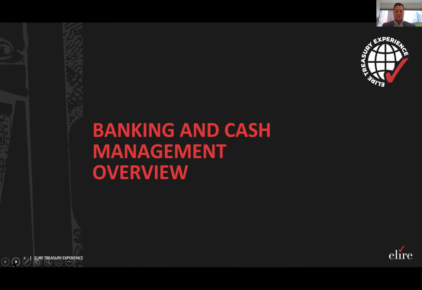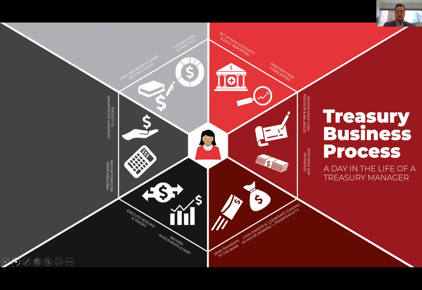So to get things going, we're going to look at a brief banking cash management overview within Oracle Cloud and what represents the structure and architecture of setting up cash management. To highlight briefly is this overall day in the life of a treasury manager and the tasks that correspond to those different business processes within cash management.